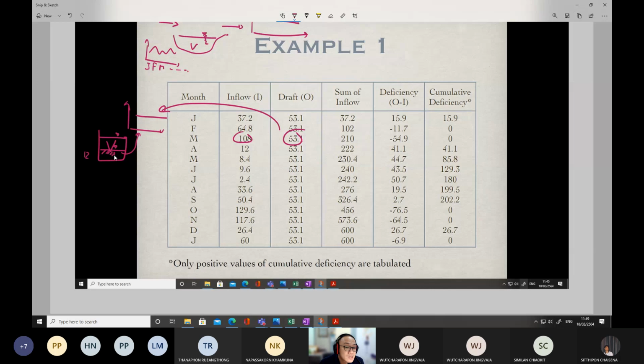So in this case, how can we determine the volume of this reservoir? The volume of this reservoir should be large enough to handle the maximum inflows and minimum inflows. There will be a fluctuation in water levels or water volumes during the operation, because the inflow is not constant. Some months are high, some months are low.